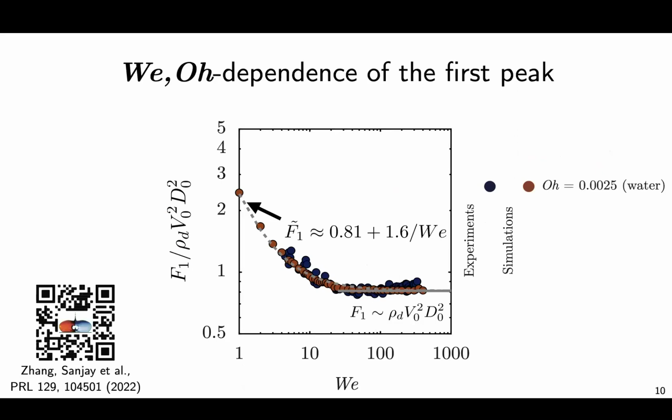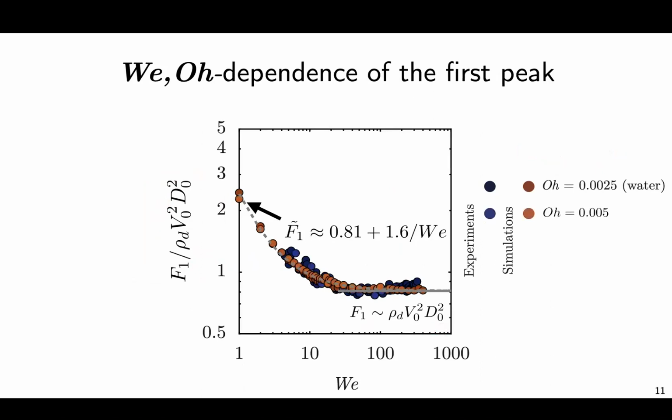So here I am showing the dimensionless first impact peak as a function of the Weber number, made dimensionless using this inertial pressure force, which Detlef gave arguments for as the relevant pressure scale in his talk. You can see over here that for high Weber numbers, it essentially goes to a plateau. The question is, how does this plot change when we increase the Ohnesorge number?